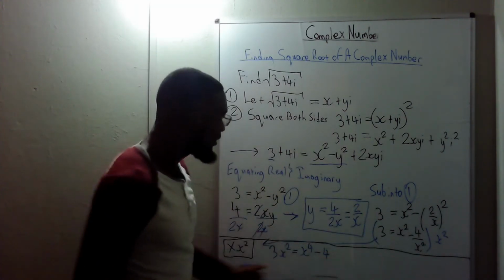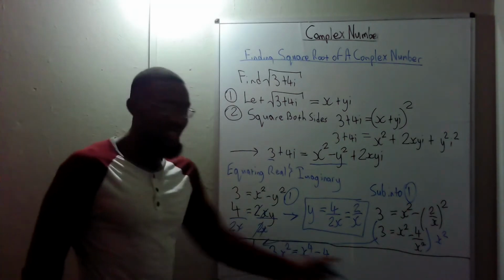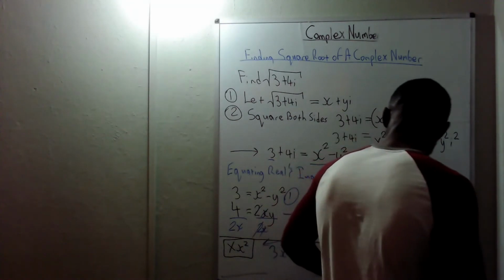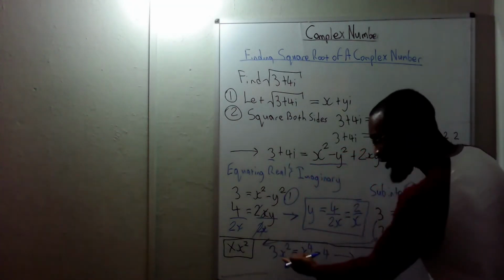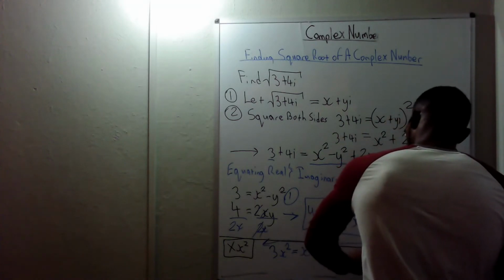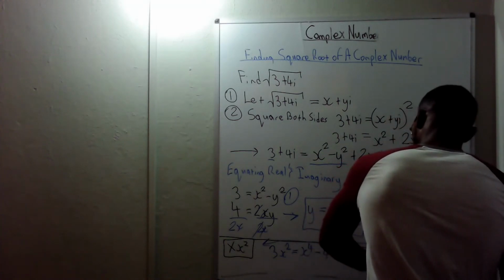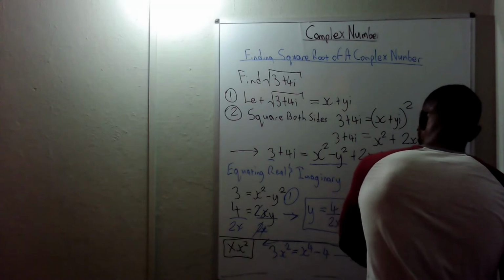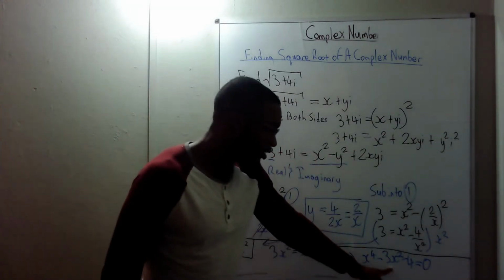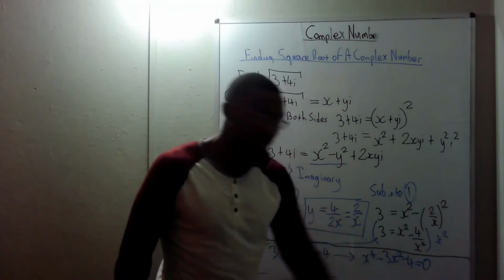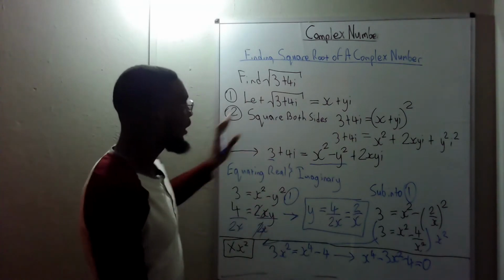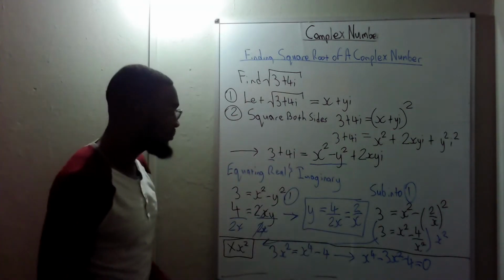This leaves us with a hidden quadratic. Bringing over the 3x squared, we have x to the 4 minus 3x squared minus 4 equal to 0.